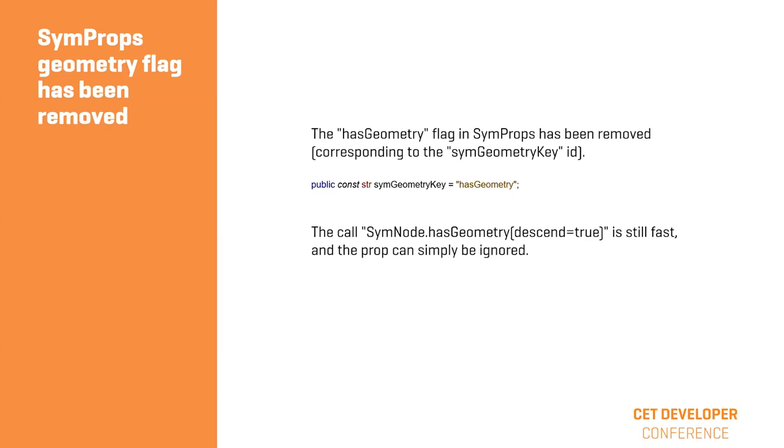Has geometry previously kind of checked the sim geometry key, but now that's removed. So please instead just call has geometry, and that's still fast and everything. So you can ignore that.